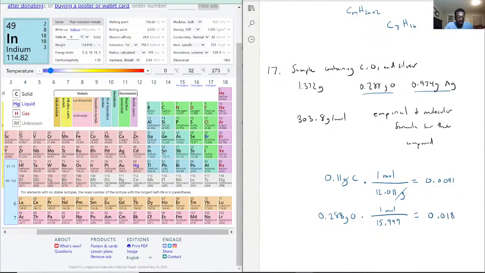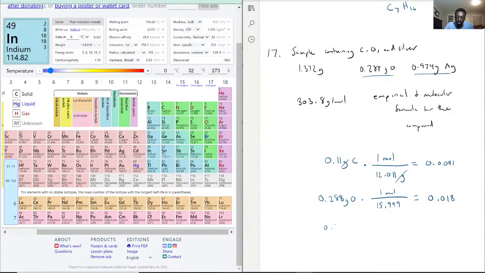That gives 0.018. Now for the last one, silver: 0.974 grams, divided by 107.87 grams per mole of silver.